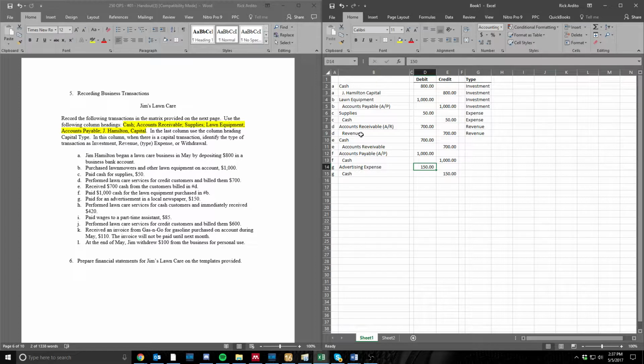Same reason why our revenue here was a credit, because a credit increases the capital account. So the capital account increases with a credit. Revenue also increases the capital account. So in order to increase revenue, we also need a credit. So they have a direct relationship, revenue and capital, whereas expenses have an inverse relationship with capital.